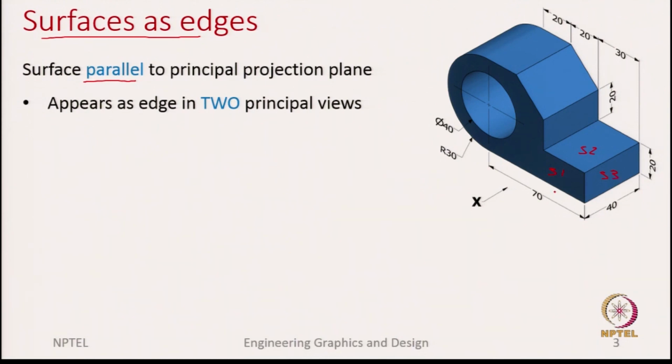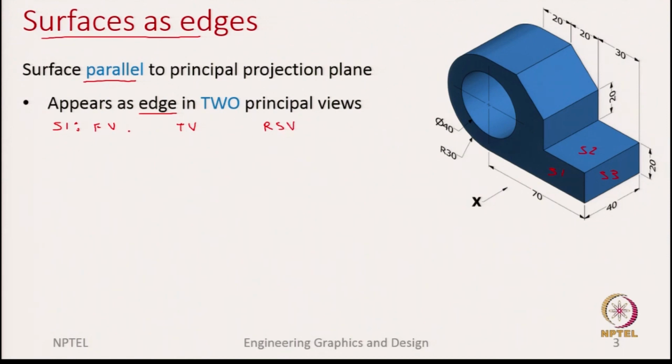In each of these surfaces, if you look at your primary views, the surface will appear as an edge in two principal views. Let us say I am considering for S1 the front view, top view and the right side view.